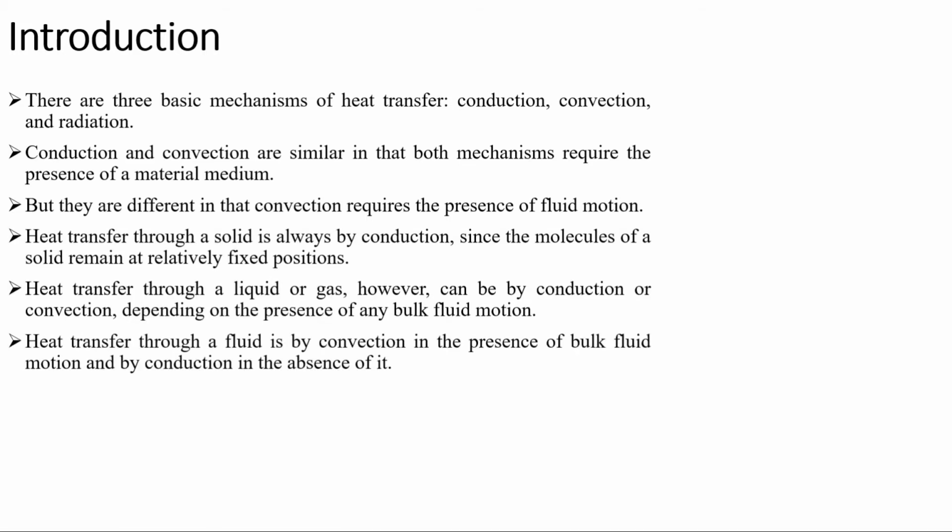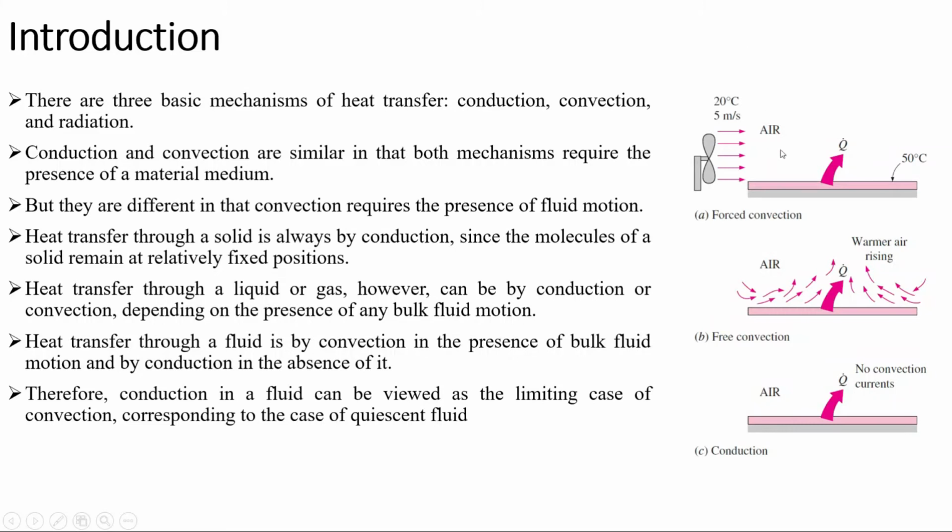Consider this picture. The pink plate is heated at a temperature of 50 degrees centigrade, and a fan is forcing air on it with a velocity of 5 meters per second, and the air temperature is 20 degrees centigrade. So it means that a temperature gradient exists between the air and this plate, so it is obvious that heat transfer will occur.